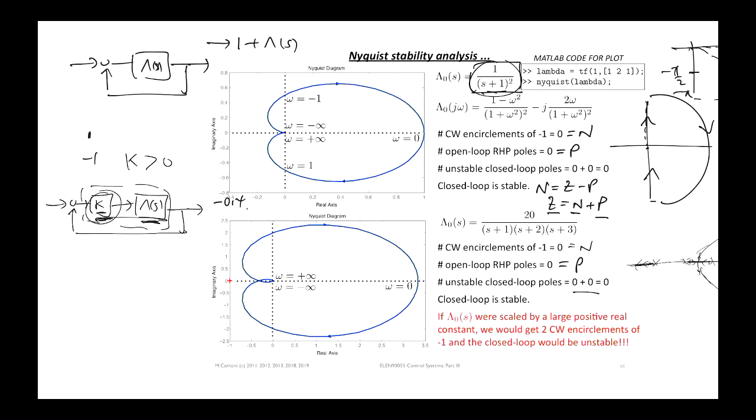Now, for this function here, this is the Nyquist plot that you get. It's good to think of where you start, so let's think of starting at low frequency. What would you expect the phase of this to be at low frequency? Well, it's 2 stable poles, so you'd expect the phase to be close to 0.